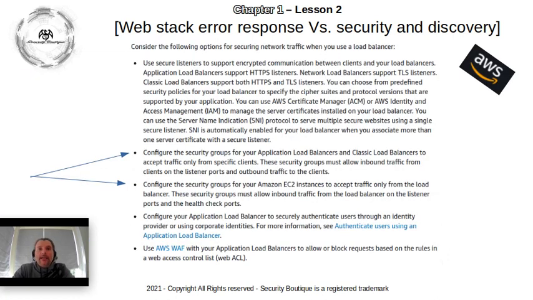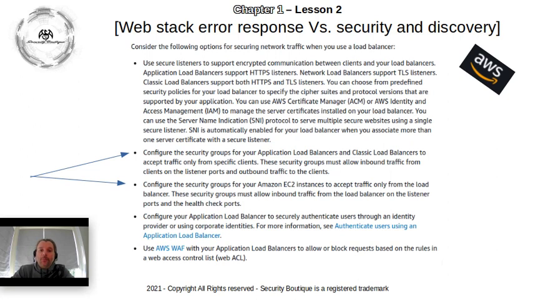So here I take an example of AWS on this topic of the bypass, the parking bar that gets bypassed. If you see, even in the documentation, there is a lot of stress about the fact that you should configure everything to be well designed and not be bypassed. For example, configure the security group for your application load balancer and classic load balancer to accept traffic only from a specific client.